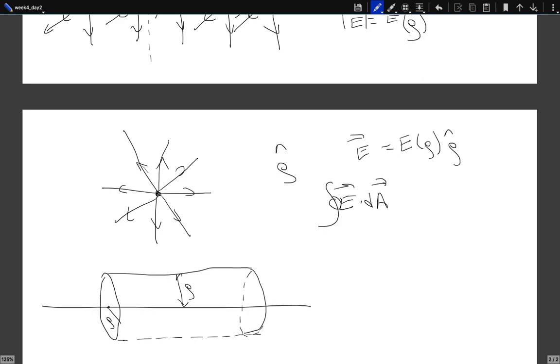But there is one problem, though. This cylinder is not closed. You see, when we are applying the Gauss law, we should evaluate the electric field over a surface that is closed. If you just imagine the cylinder with open ends, it's not closed. So we have to somehow close it.